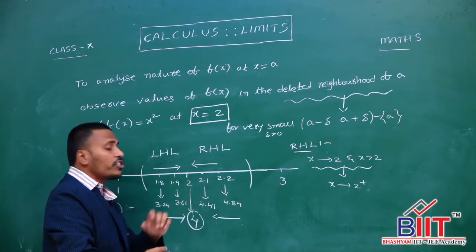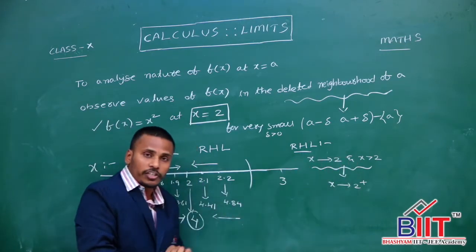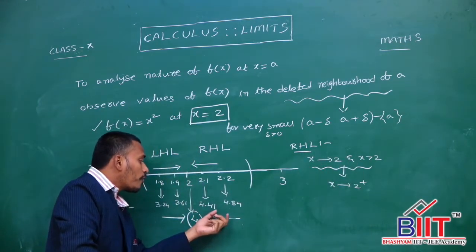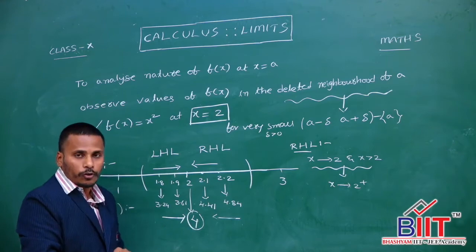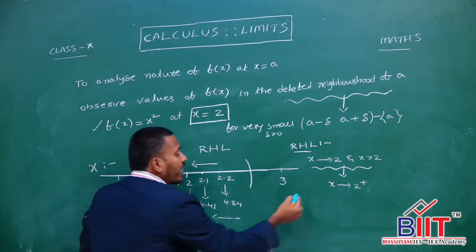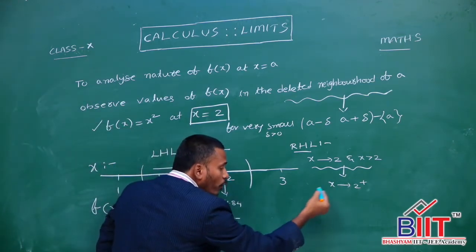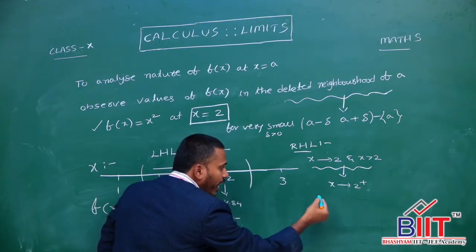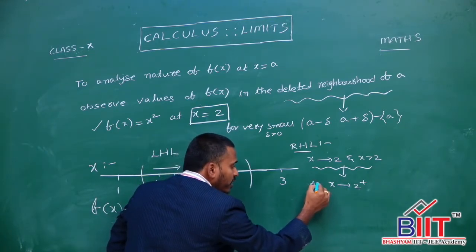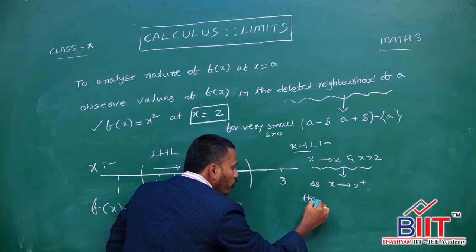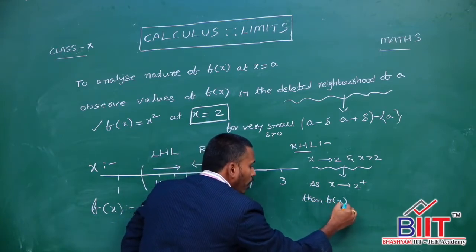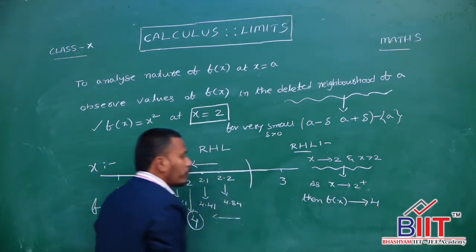X is moving towards 2 and x is greater than 2. As x is changing with these two specifications, the values of f of x are also changing towards 4. So, as x is moving towards 2 and greater than 2, we say that as x tends to 2 plus, then if you observe f of x is also tending to 4.